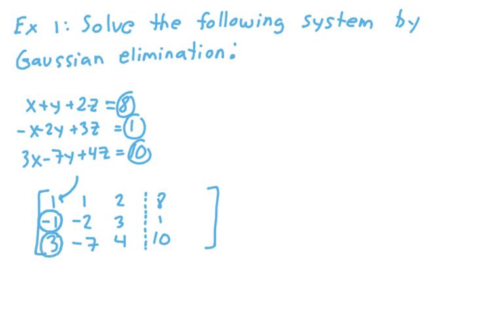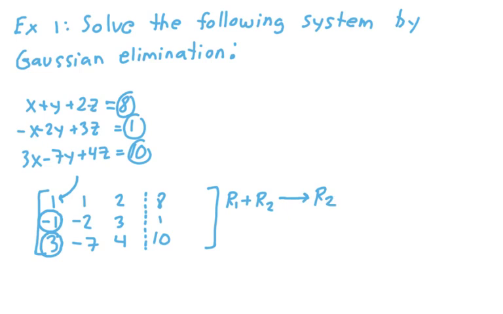You might ask, how am I going to do that? If I take row 1 and add it to row 2, this arrow says put the result back into row 2.